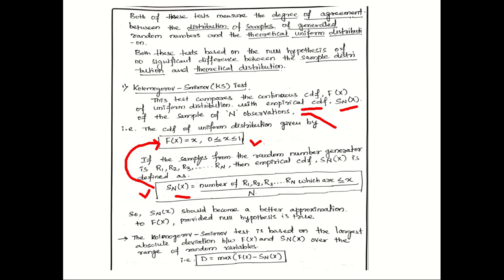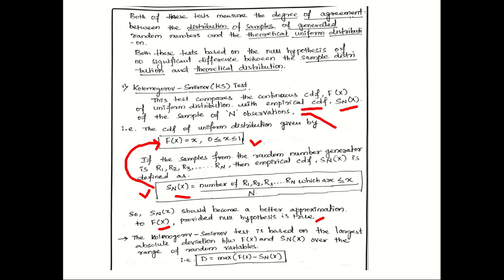Here Sn of x should become a better approximation to f of x, provided the null hypothesis is true. So if the null hypothesis is true, it means that the empirical cumulative distribution function approximates the continuous CDF of a uniform distribution.